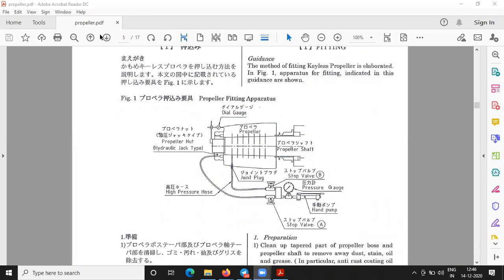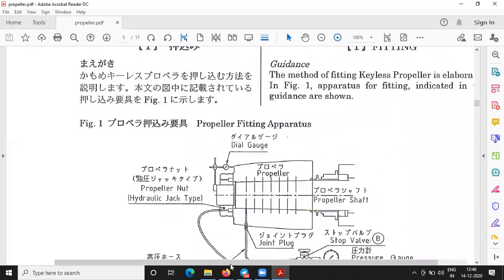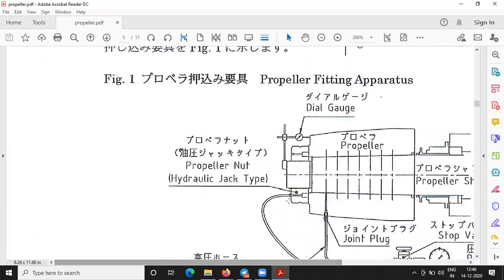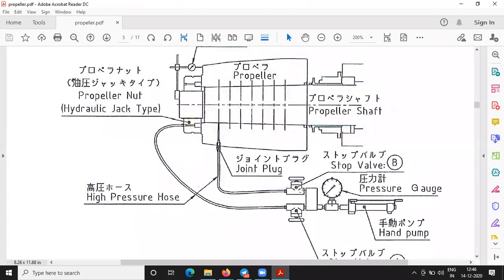Okay, see what all things you can get from this diagram. I'll slightly zoom it. Okay, this is the propeller.